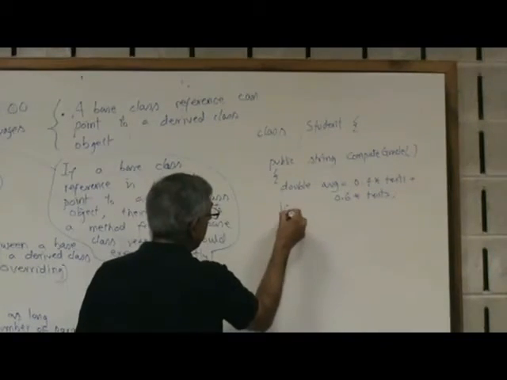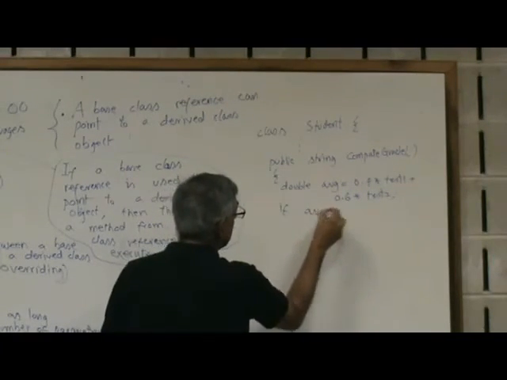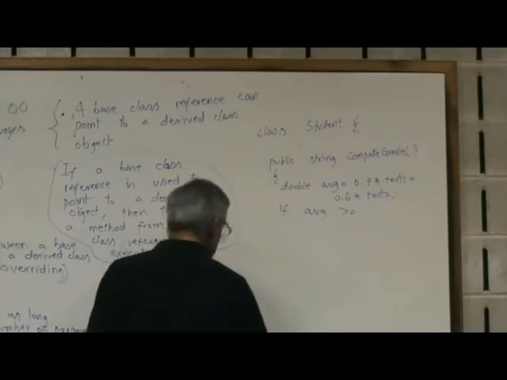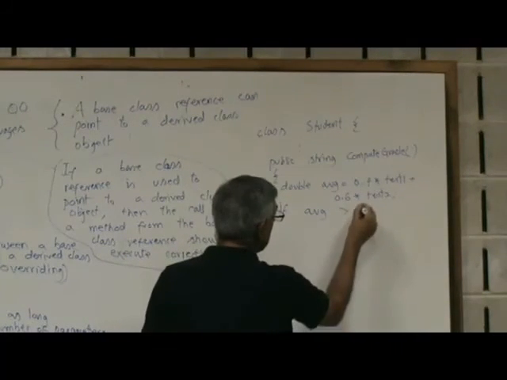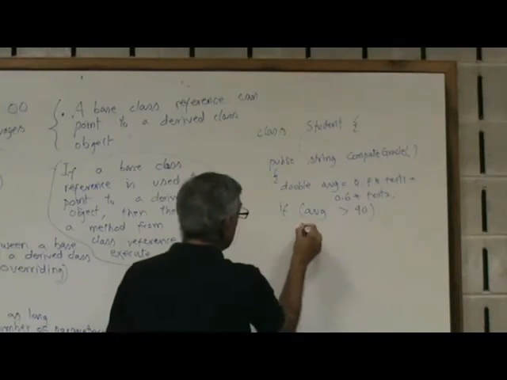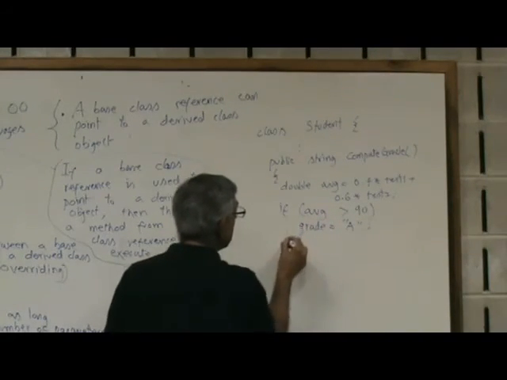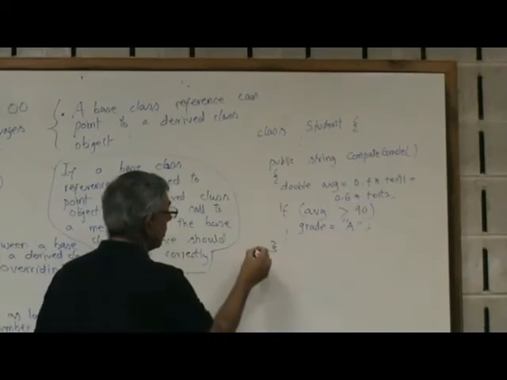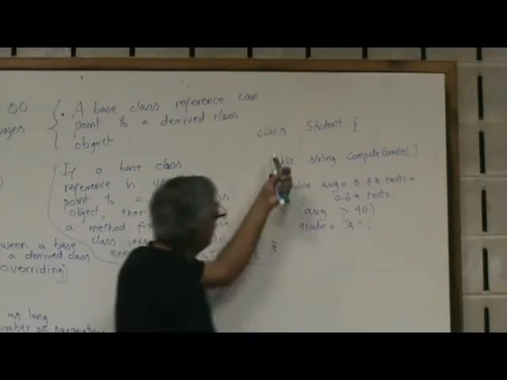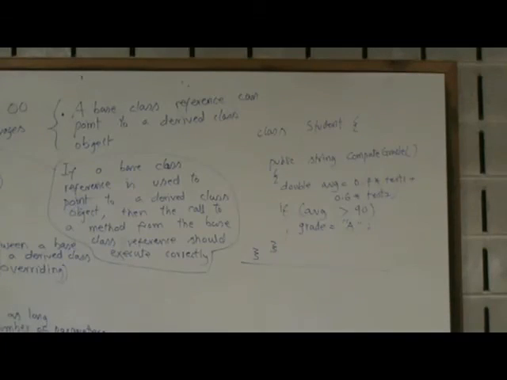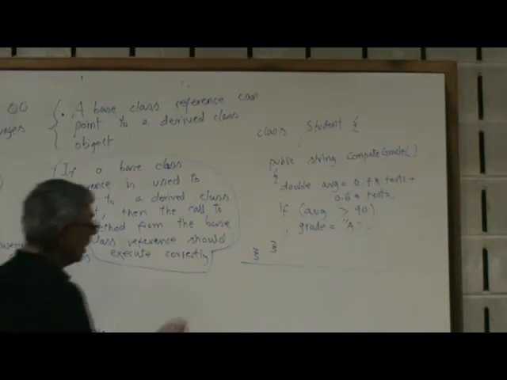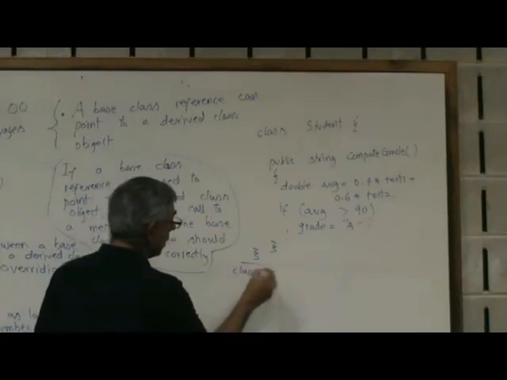And we said if AVG is greater than 90, grade equal to A, and so on. So in a student class, we had a compute grade method which gives 40% of the weight to test 1 and 60% of the weight to test 2, right? Now let's go create a class called grad student.